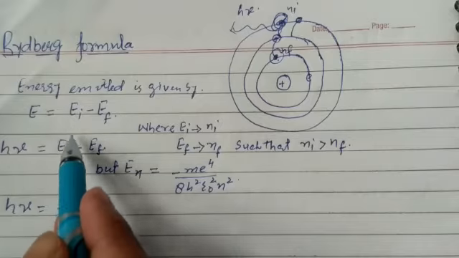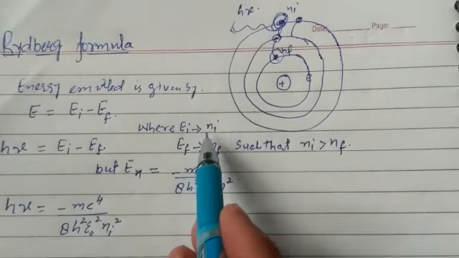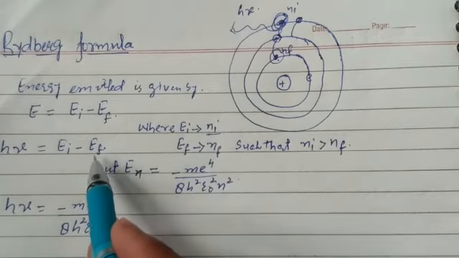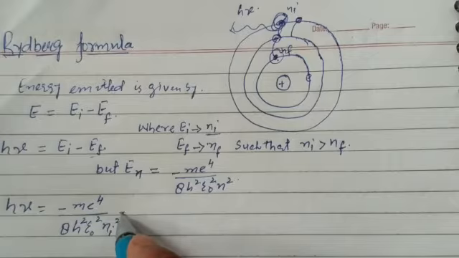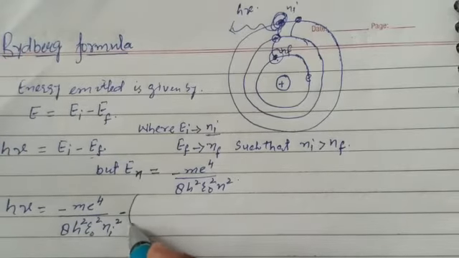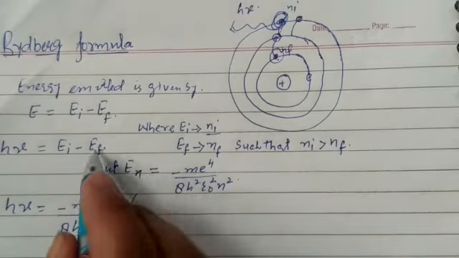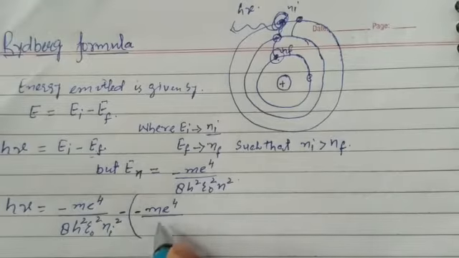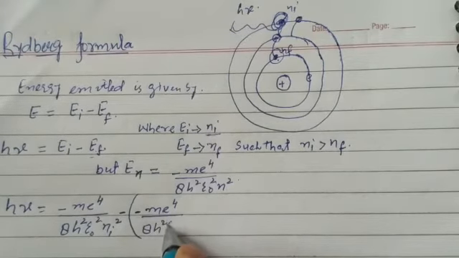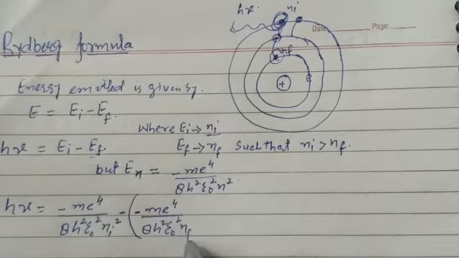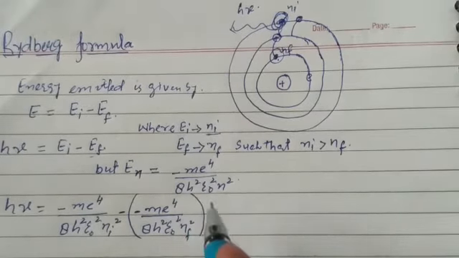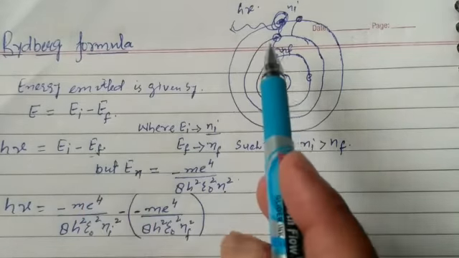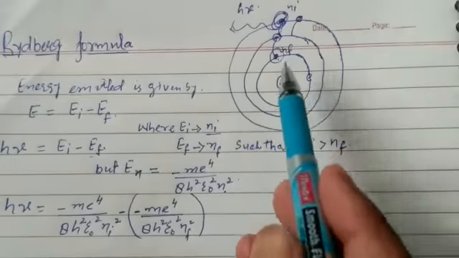Why ni? Because Ei is the energy associated with the principal quantum number ni. Why nf? Because Ef is the energy of the level for which the principal quantum number is nf.